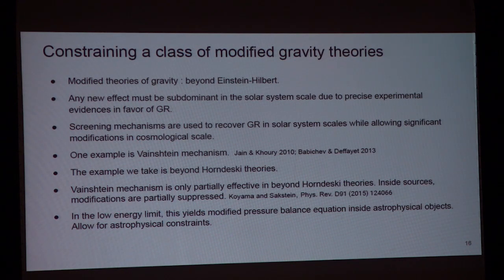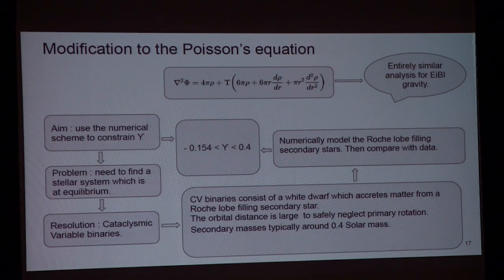These allow for astrophysical constraints on the beyond Horndeski theories, because the modified pressure balance equation carries the imprint of the modification to Einstein-Hilbert. If you constrain this, you would probably get an astrophysical constraint on such theories.